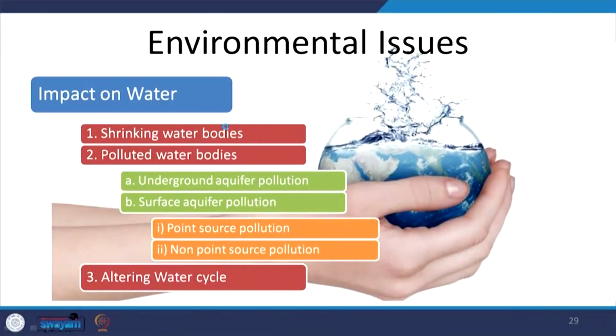The third impact is of altering the water cycle. Besides shrinking water bodies and polluted water bodies, there is an impact on the water cycle itself.